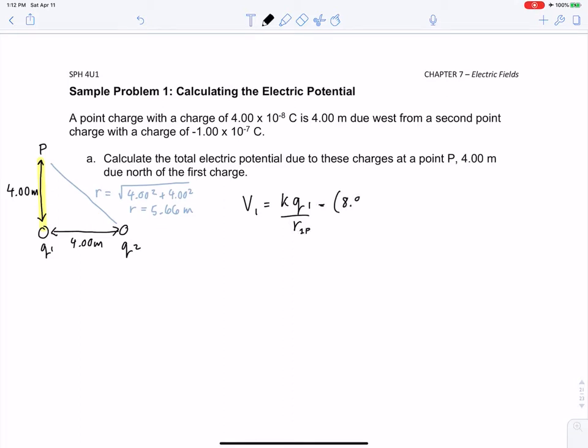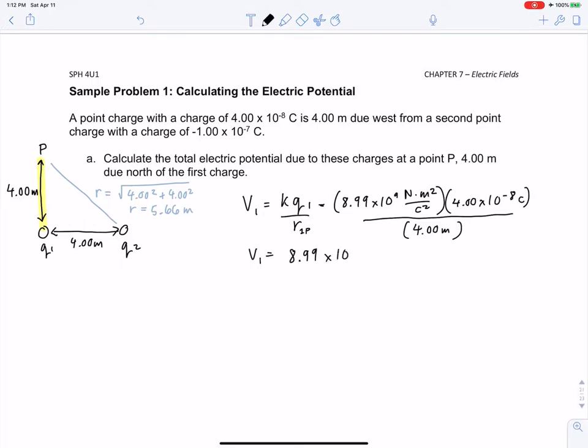K is 8.99 times 10 to the power of 9 newtons times meters squared per coulomb squared. Q1 is 4 times 10 to the power of negative 8 coulombs. And we know that R, 1P, is 4 meters. If we punch this into our calculator, we get 8.99 times 10 to the power of 1 joules per coulomb.